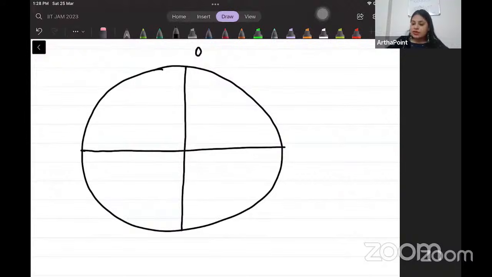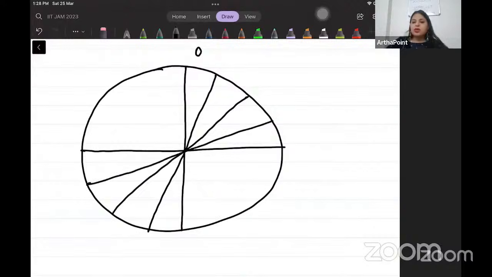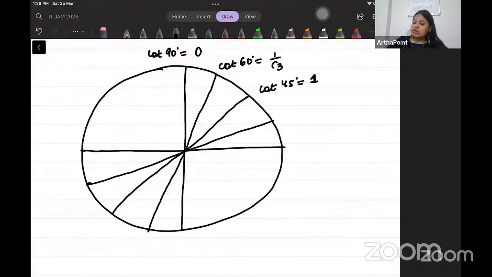Then let me draw a line from here, and a line from here. This is cot 90. Then I will keep going down: cot 60, which is 1 by root 3, cot 45, which is 1, cot 30, which is root 3. I hope you know these values. Cot 0 is undefined.